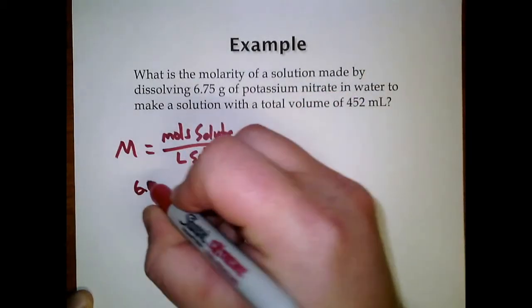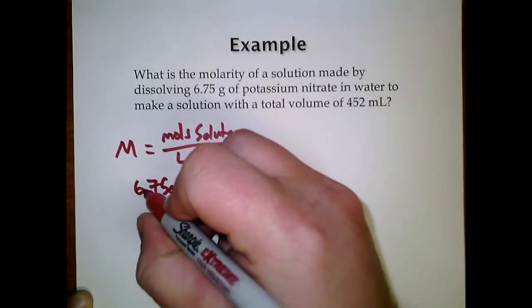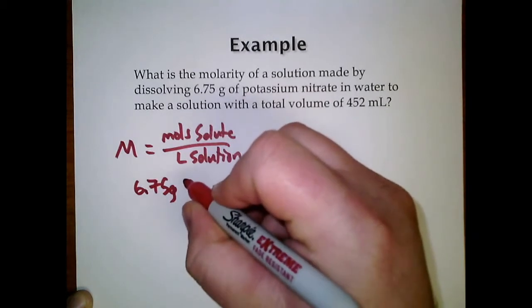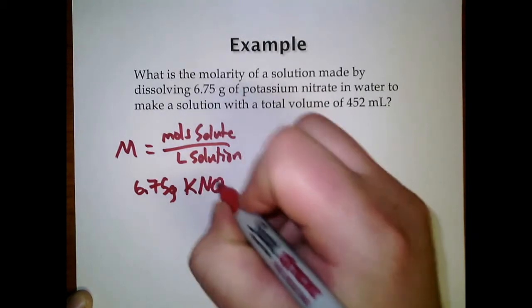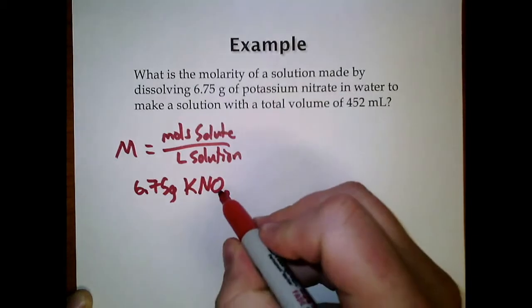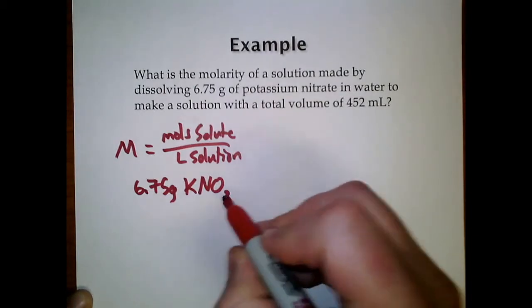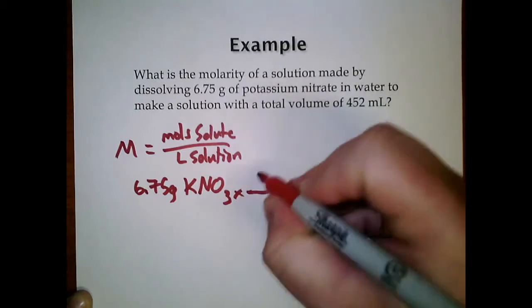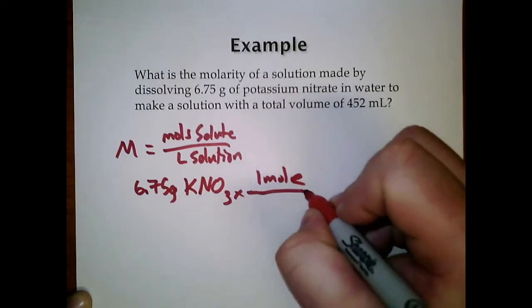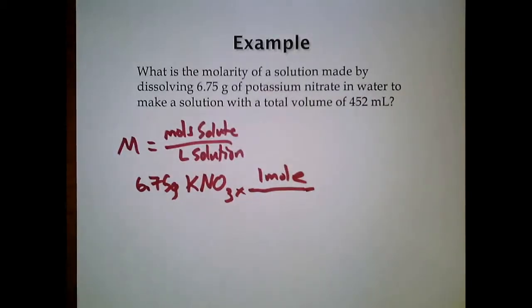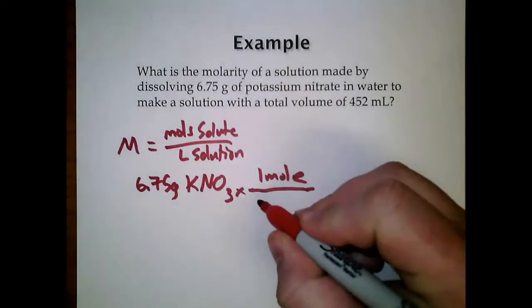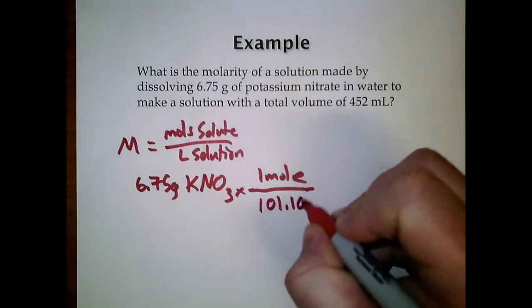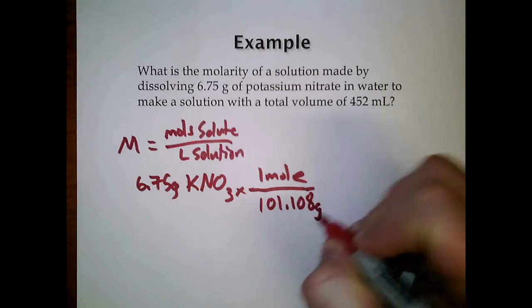I've got 6.75 grams of potassium nitrate. Formula is KNO3. Nitrate is a -1, potassium is a +1, so that's a 1-to-1 ratio again. I'm going to times it by its molar mass. So 1 mole on top, and the molar mass of potassium nitrate is 101.108 grams per mole.